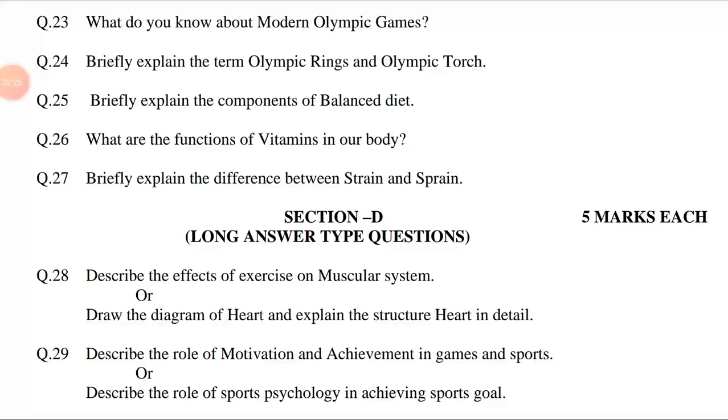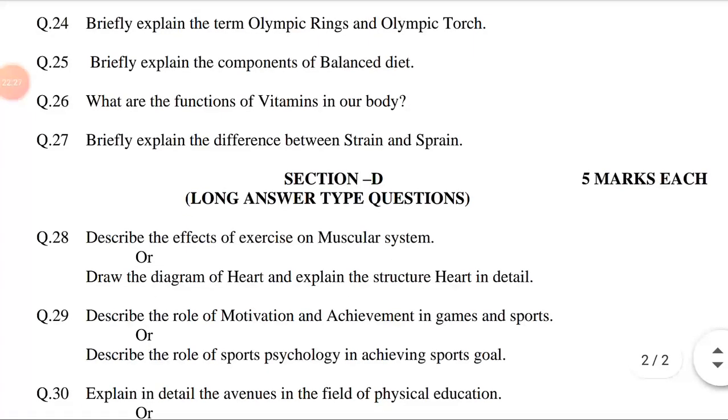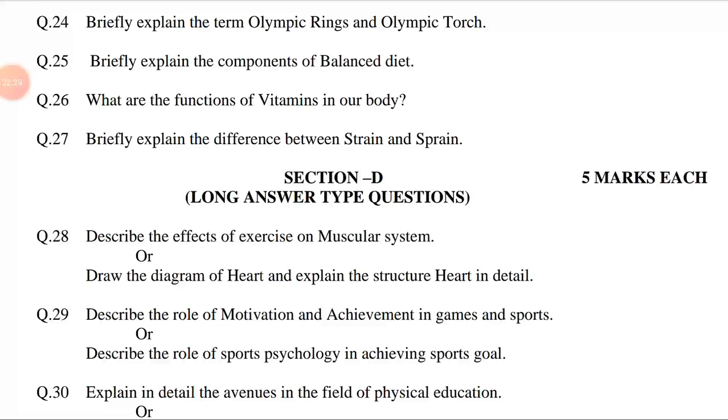Extra. Question number 24. Briefly explain the term Olympic rings and Olympic torch. This question is related to chapter number 8, Olympic Games. The answer may be, write few lines about Olympic rings. Means, who proposed the Olympic emblem and the color of each ring?